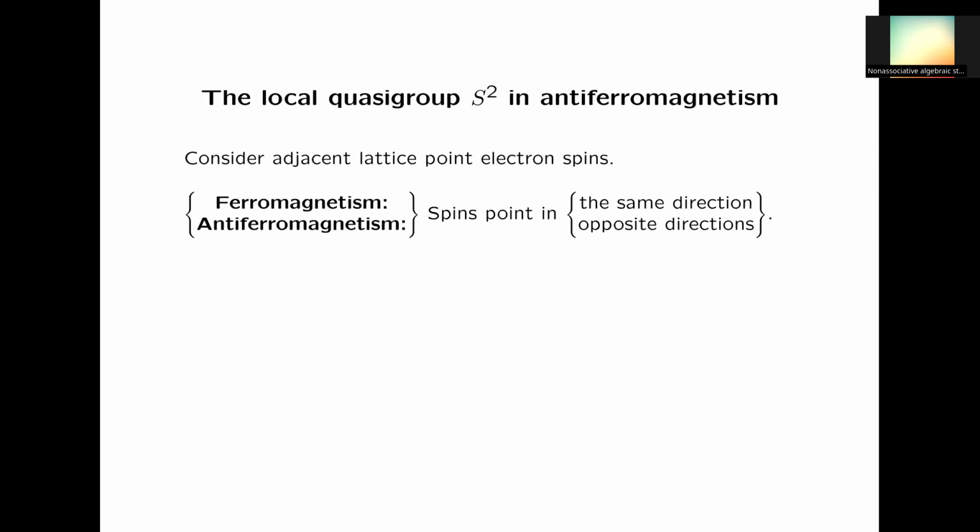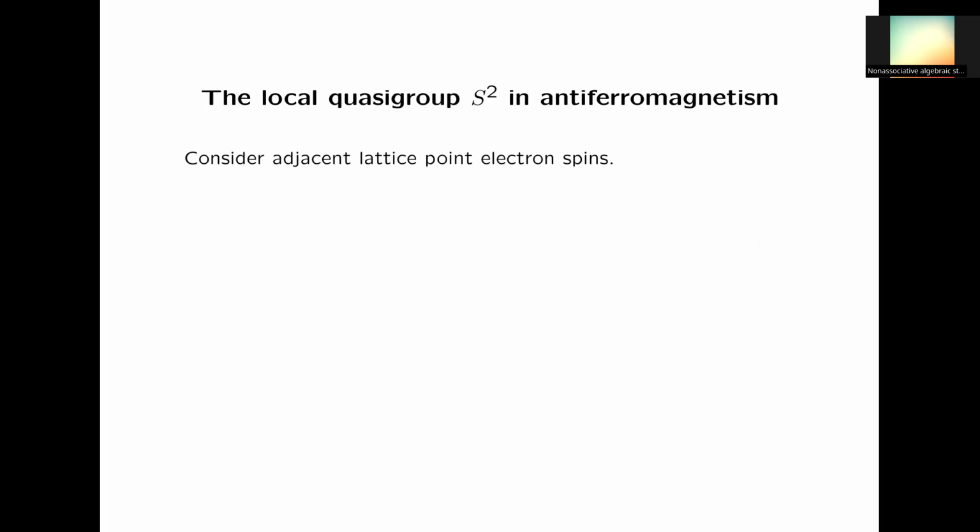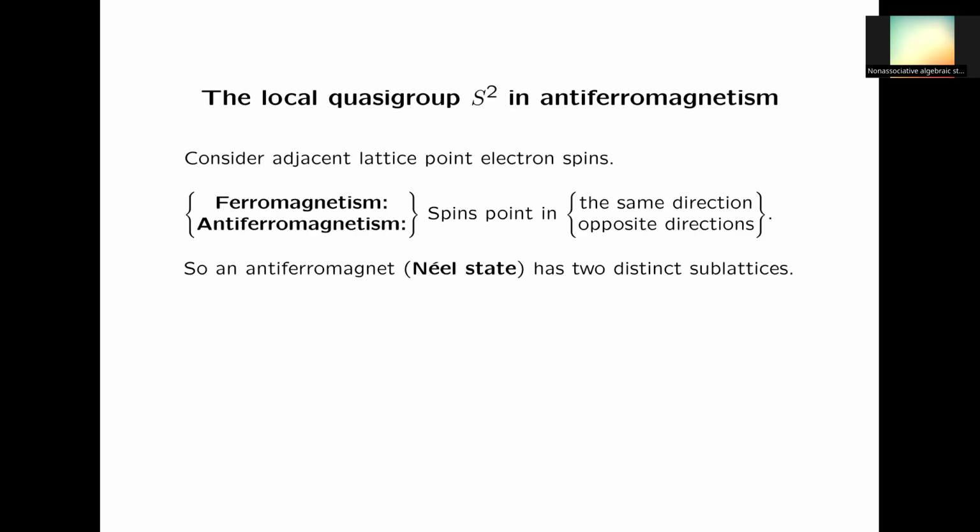So those tiny little atomic magnets, they all join together and you get a macroscopic magnet. But antiferromagnetism is where adjacent spins are always in opposite directions. So an antiferromagnet has 2 distinct sublattices.